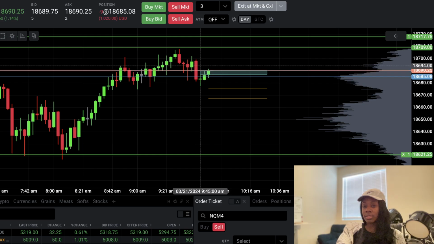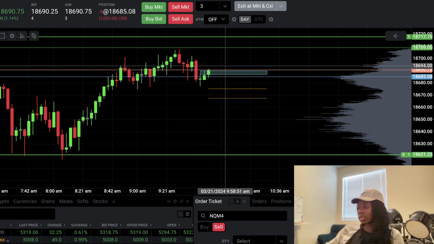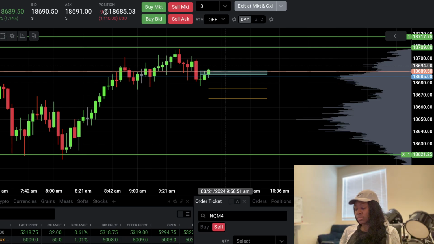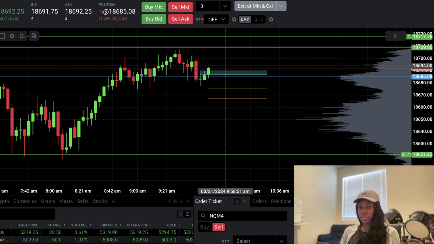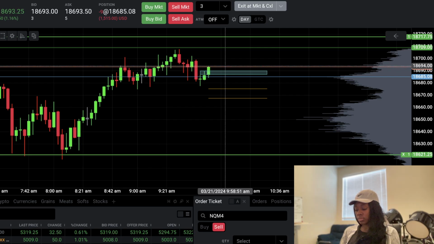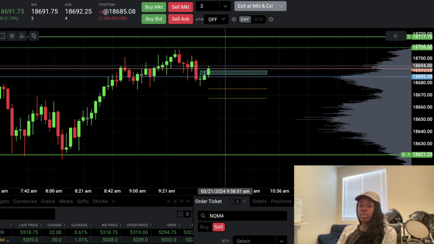That pisses me off, sitting in those particular trades. So I don't like that it's pulled beyond the fair value gap, but it's just not uncommon for it to happen.